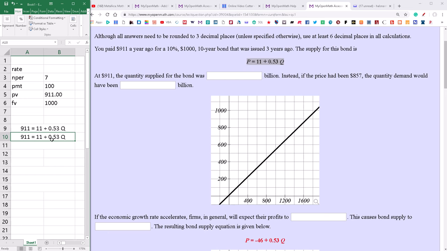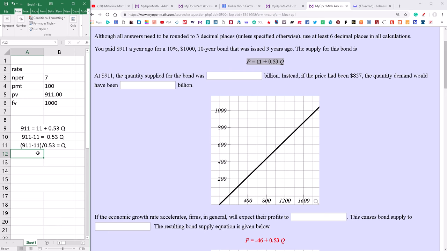Then down here I'm going to subtract the 11 over, because the expression with Q is positive. Okay, and that leaves me with $911 minus 11 divided by 0.53.